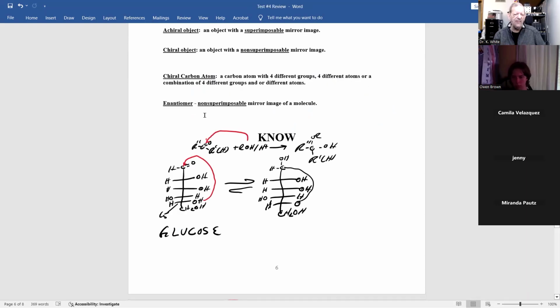Now, the next thing I talked about were enantiomers. And all that means, for my class, is a molecule's non-superimposable mirror image.